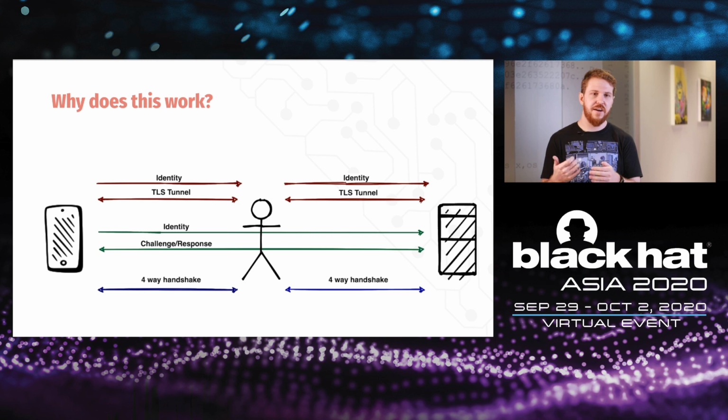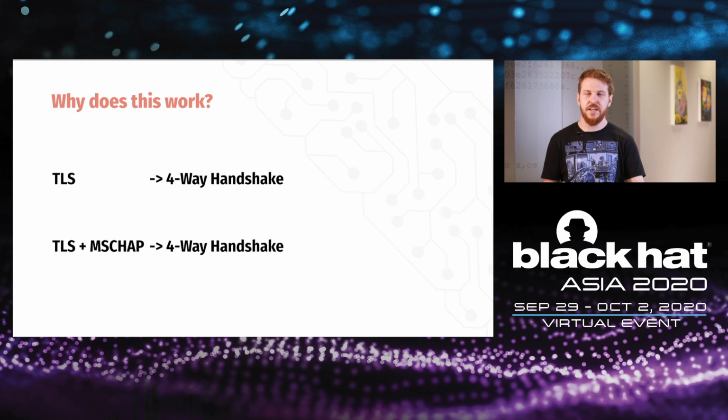And the values that go into that four-way handshake are calculated beforehand through the other interactions we've had now. So unfortunately, the four-way handshake by default is only relying on the TLS portion, which we did ourselves, meaning we have the information to do the four-way handshake. We just need a way to trick the server into accepting us using that four-way handshake.